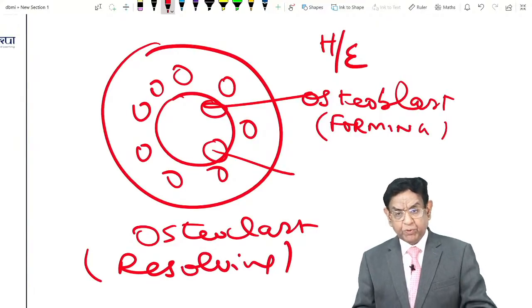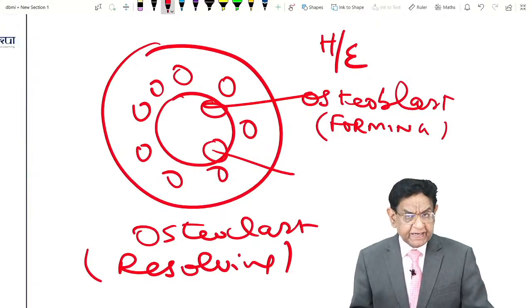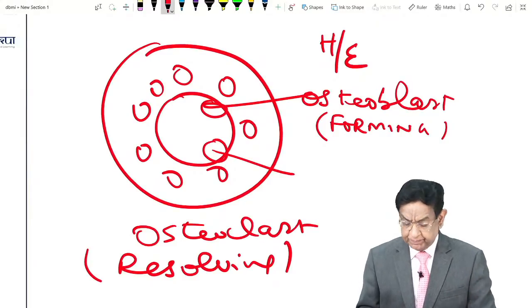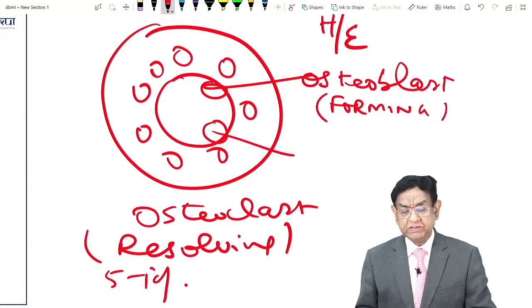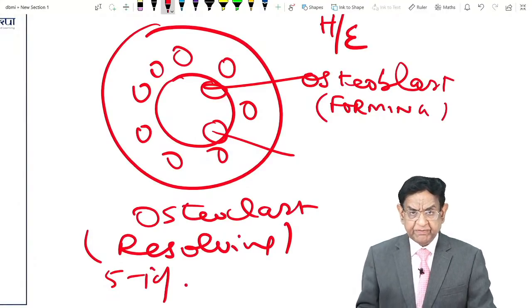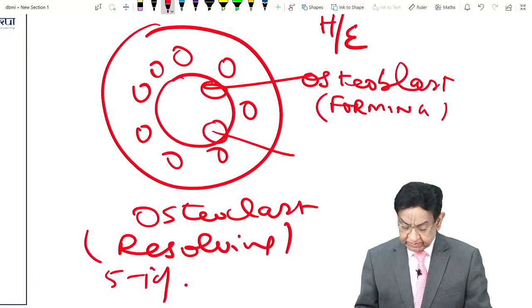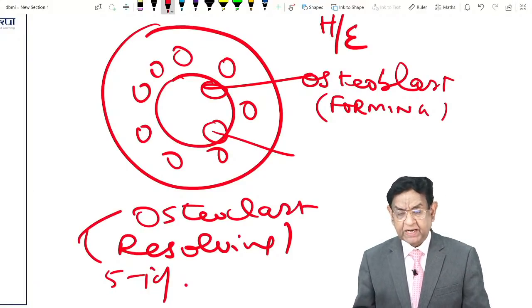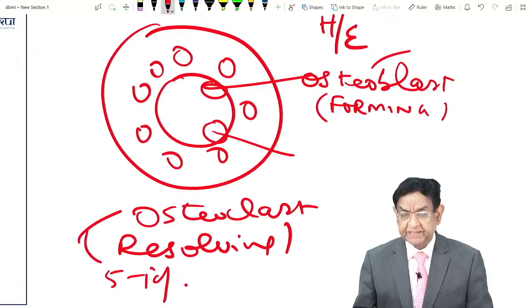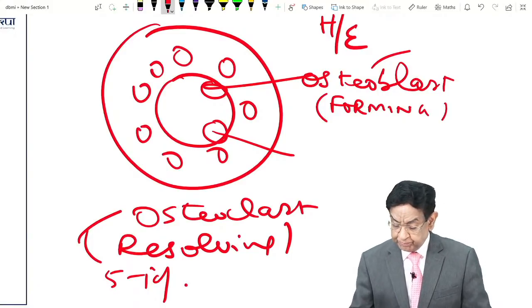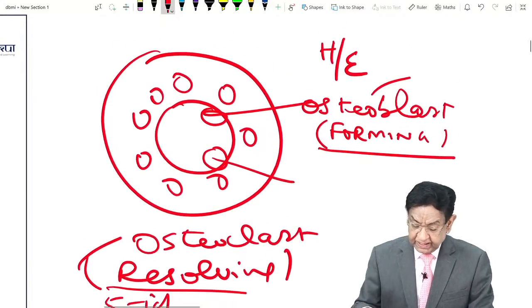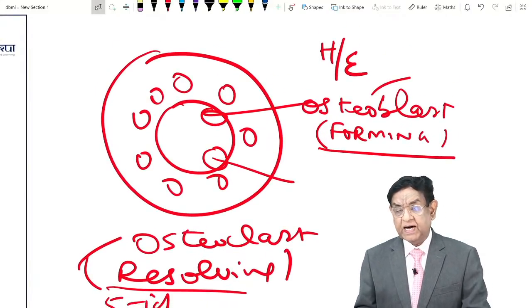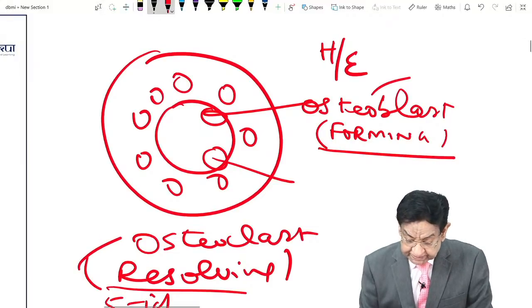What do you mean by bone resorbing cell? At any given time in the adult bone, around 5 to 10% of bone is under constant repair. Whatever bone is damaged, broken down, that is removed by the osteoclast and repaired by the osteoblast. So osteoblast is a bone forming cell, osteoclast is a bone resorbing cell. And around this central canal are lacunae, which are empty spaces.